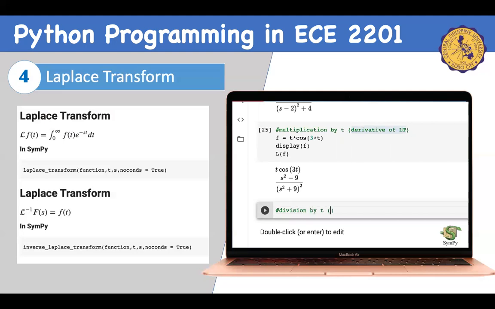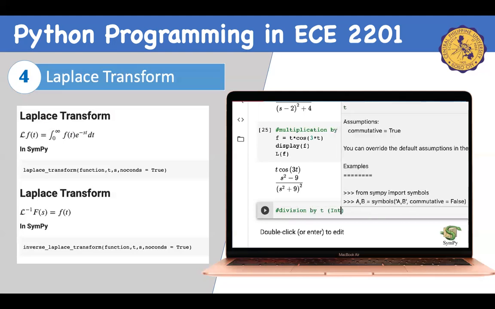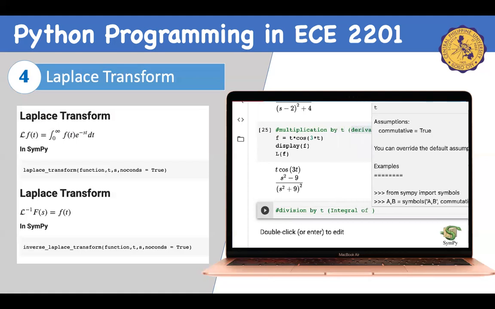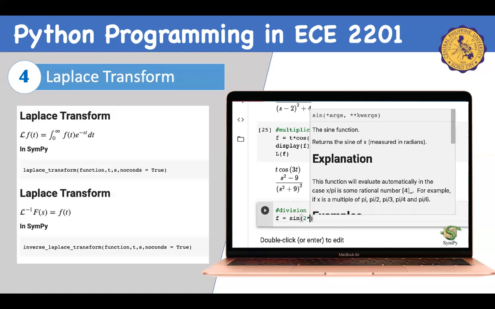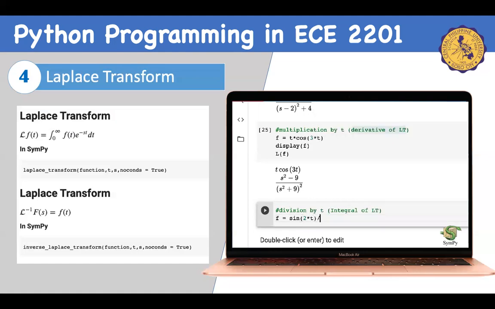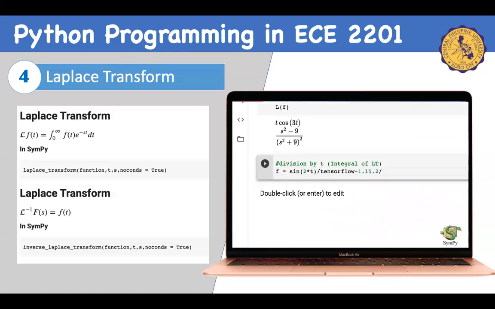Now we go to the division by t. So we have the integral of Laplace transform, or LT. When the function is divided by t, let's say sine of 2 times t divided by t.